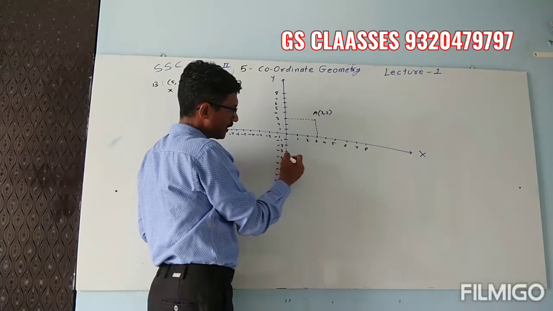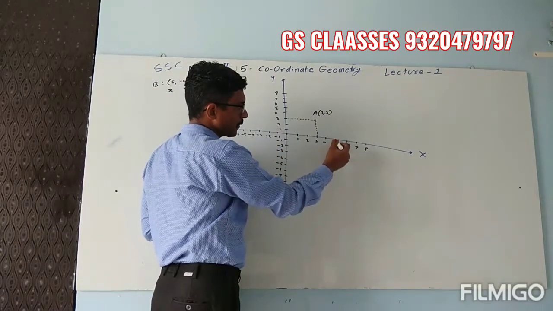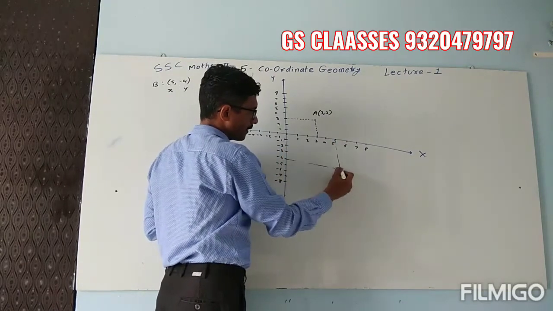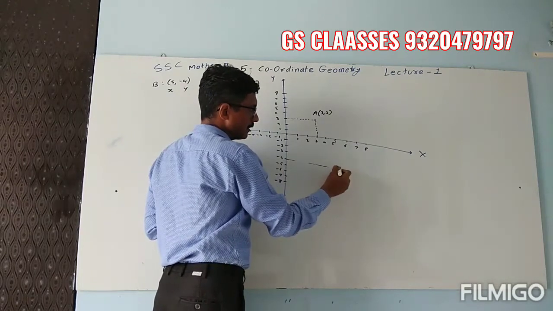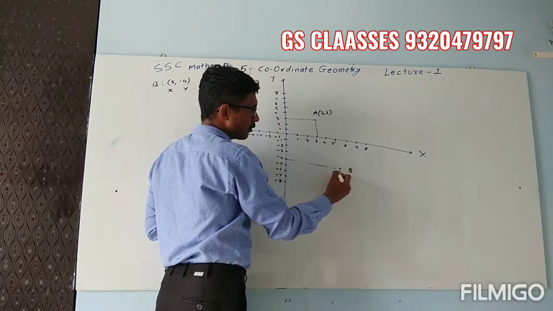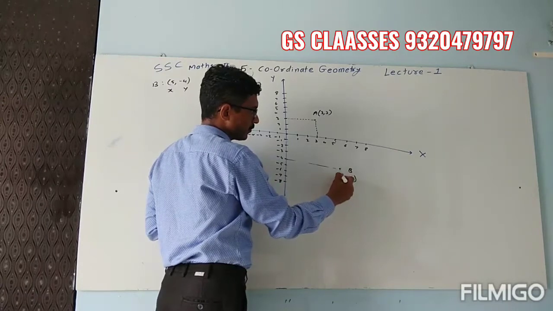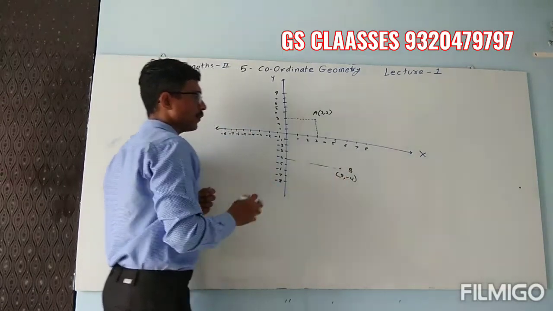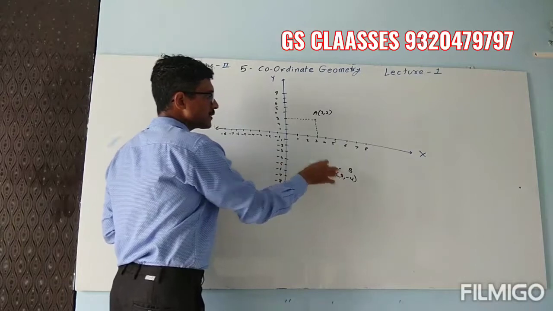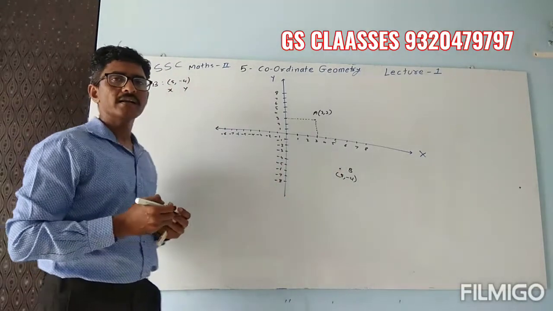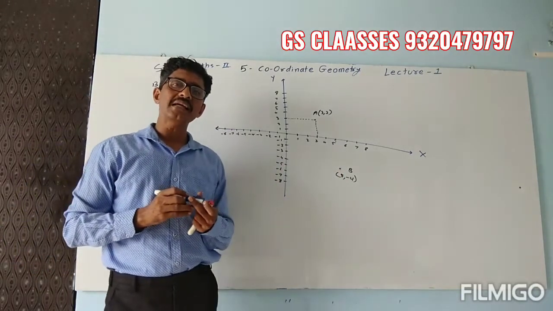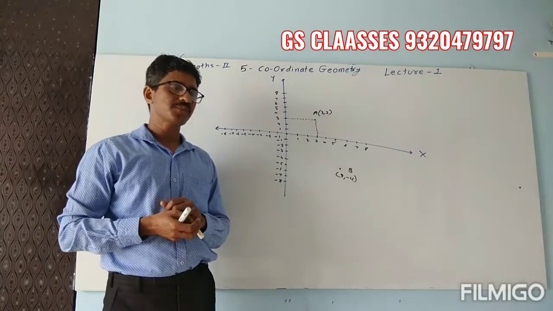So from here and from here, the point B is located here, at (5, -4).